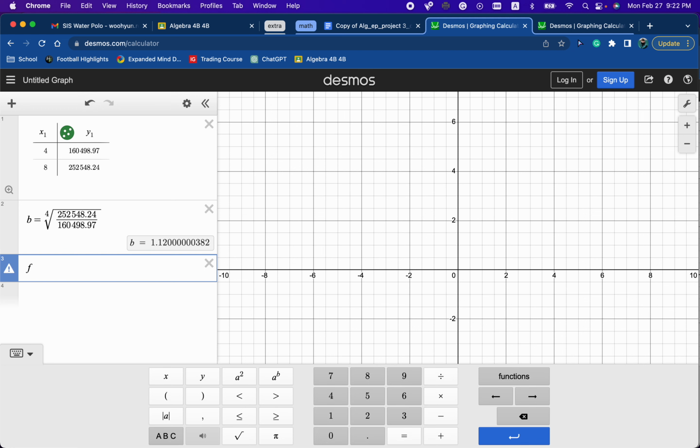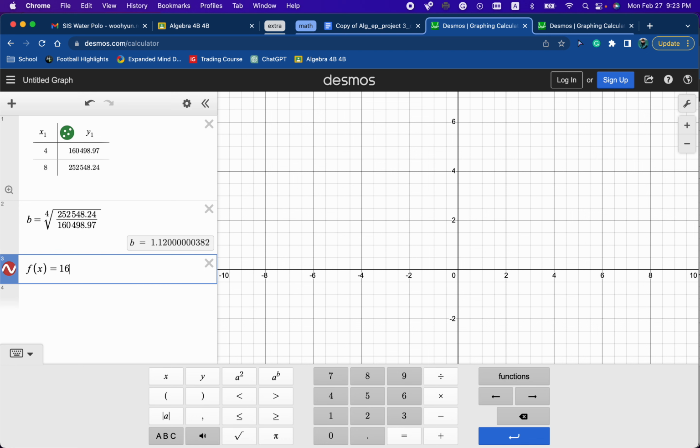We're going to put f of x for our function notation equals, and in order to find the initial value, we're going to move backwards from $160,498.97 by dividing this by b to the fourth power, since that will give us the value of y when x is 0.